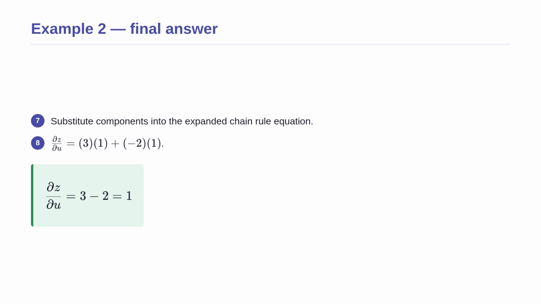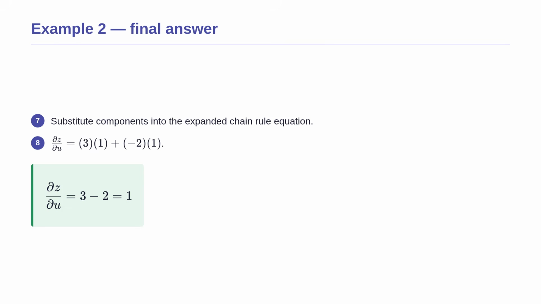We have successfully gathered all the necessary components, so let us put them together. We substitute these 4 numerical values back into the expanded chain rule equation. We multiply the corresponding parts for each path through the variables, multiplying 3 by 1 and negative 2 by 1. Finally, we set up the addition to combine the paths.